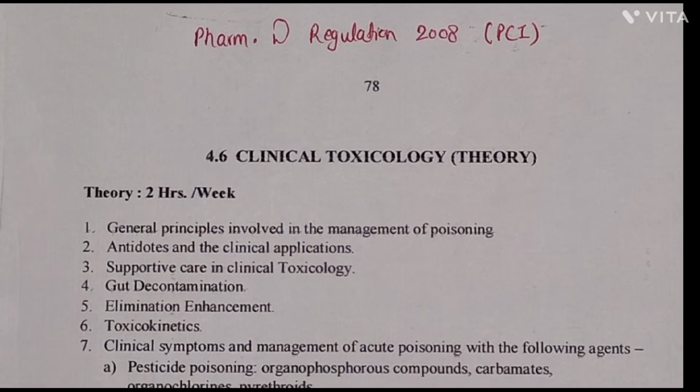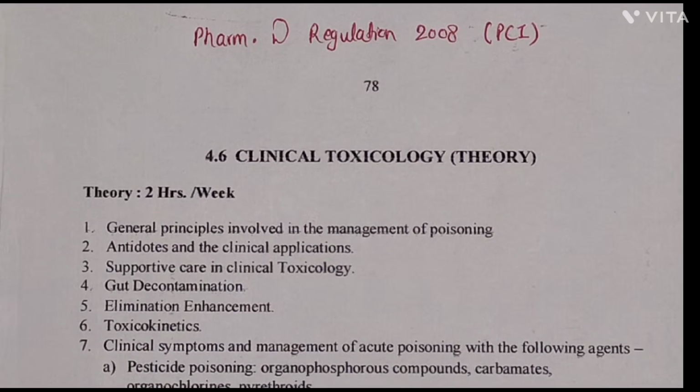Here we will see the basic principles of how we can manage a poisoned person. That may be intentional, accidental, or sometimes homicidal. Once he or she appears in our hospital, either in the emergency department or once he is stable, how we are going to manage that, all these things we are going to discuss in this chapter.